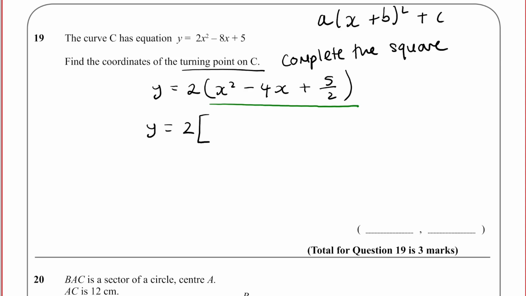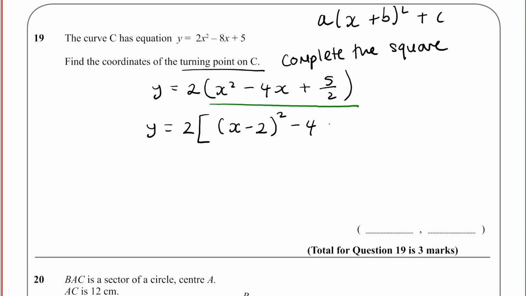I'm going to half the negative 4, which is going to give me negative 2. So it's going to be (x minus 2) squared. (x minus 2) squared, if I expanded it, would give me an x squared. It would give me a minus 4x. It would also give me a 4, which I don't want. So I'm going to take away the 2 squared.